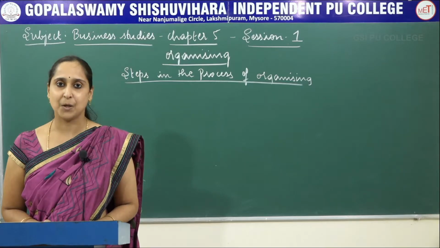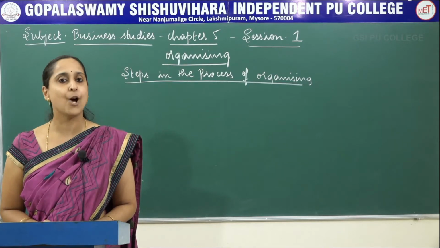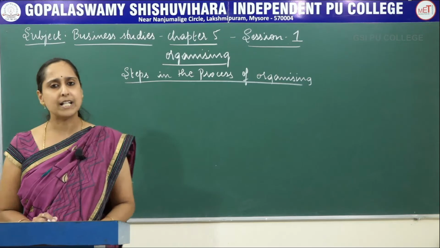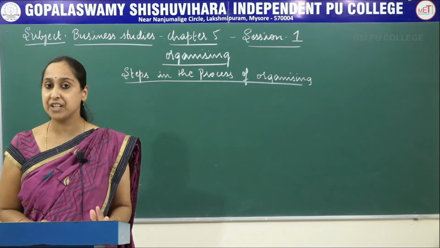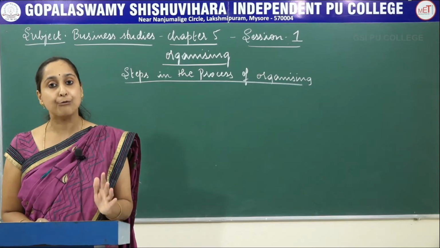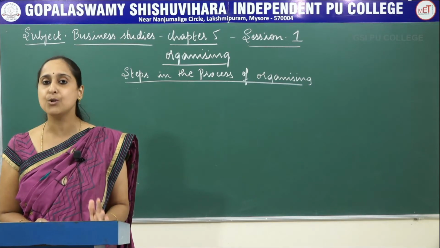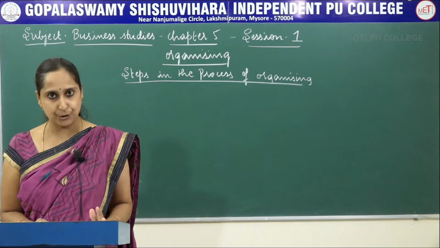Today let's start with chapter 5, that is organizing. So what is organizing? Organizing refers to arranging everything in an orderly form and making the most efficient use of resources.